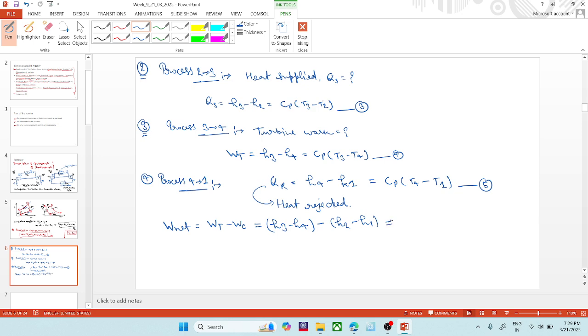If we rearrange this, then H3 minus H2 is the value of heat supplied QS, minus H4 minus H1.